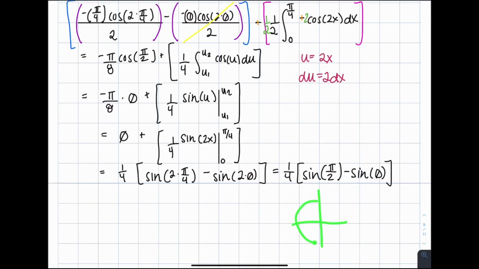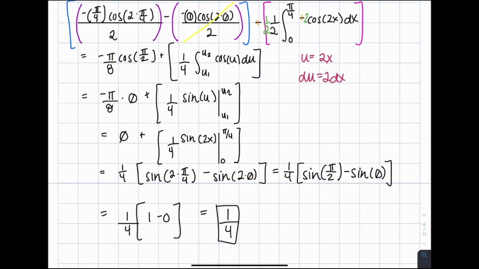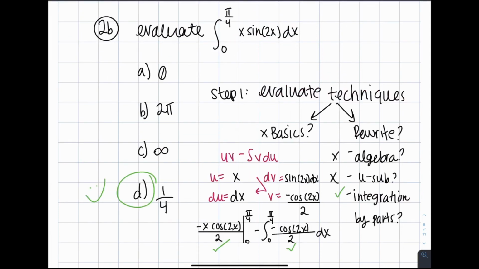So we're looking at the y coordinate at pi over 2 and 0, which is 1 at pi over 2 and 0 at 0. Hopefully you also end up with 1/4, or option D.